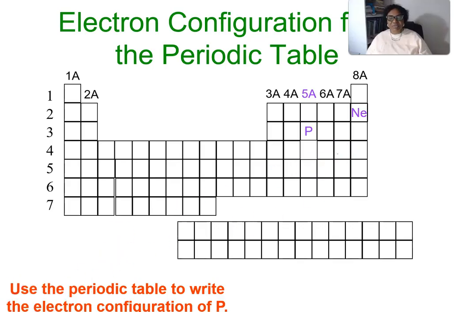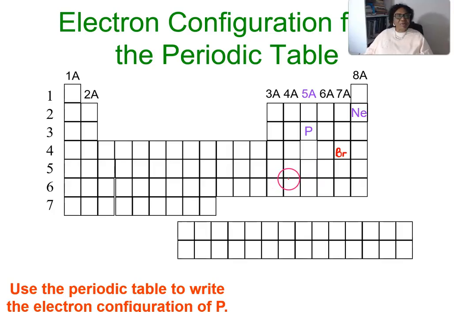But I'm concerned with the electronic configuration anyway. So this element is in period 4. 1, 2, 3, 4. And so this is Br. That's the element. It's bromine.